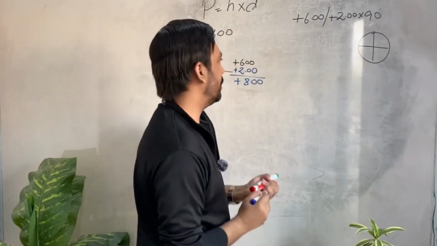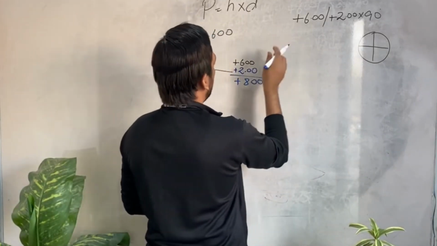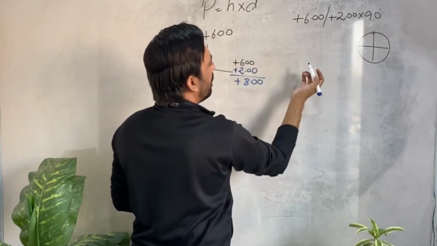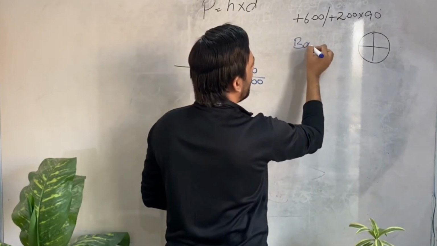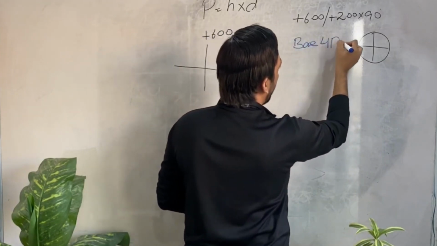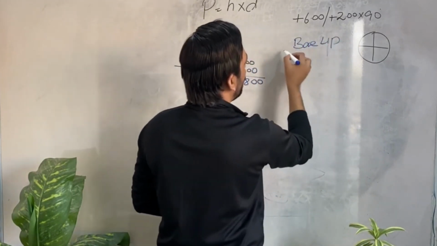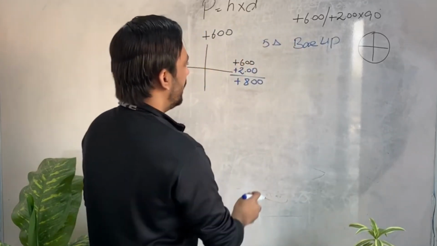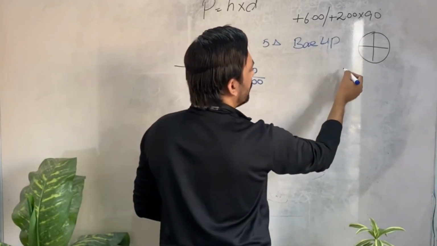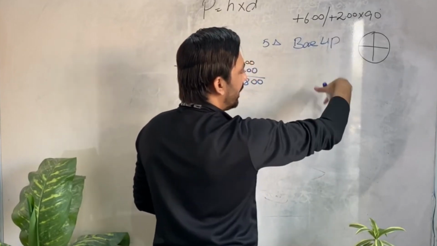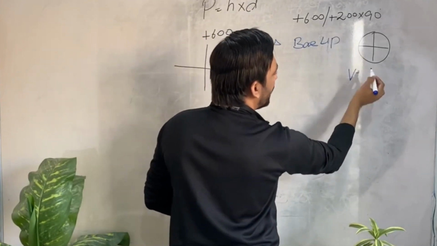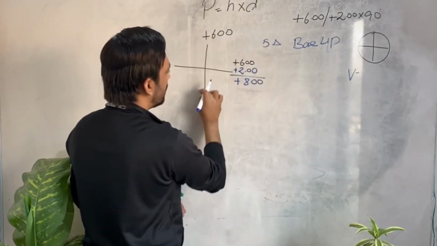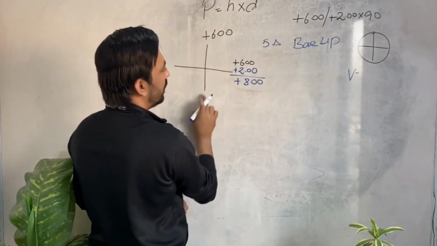Now let's change the statement. For example, you got the same prescription, but the statement is 5 prism, base up, right? Base up or base down means the deviation is vertical. So if the deviation is vertical, we will pick this meridian of +6, the vertical one.